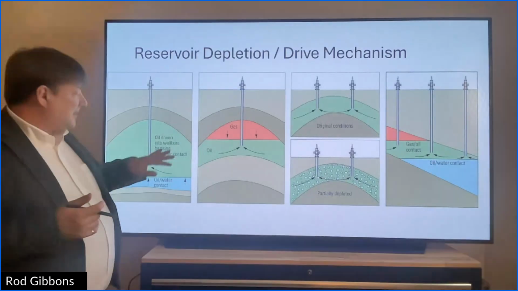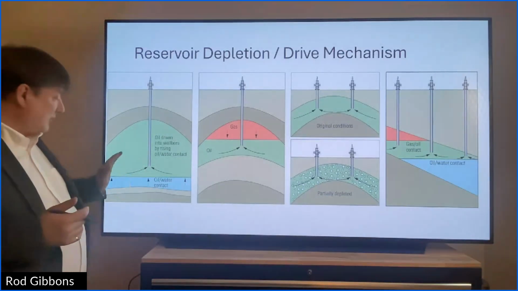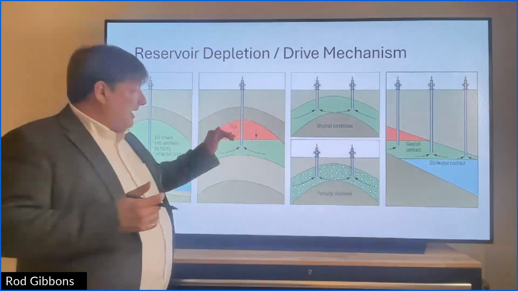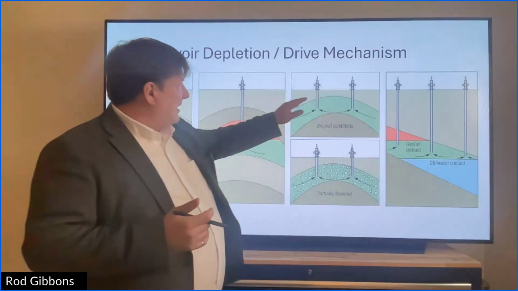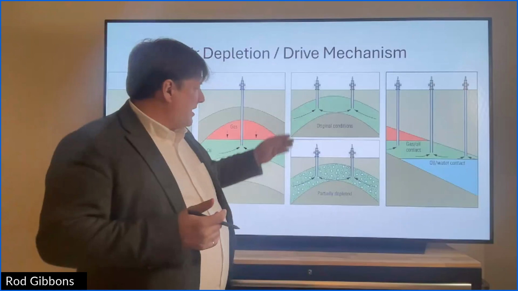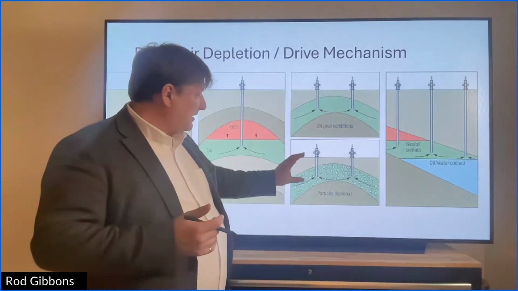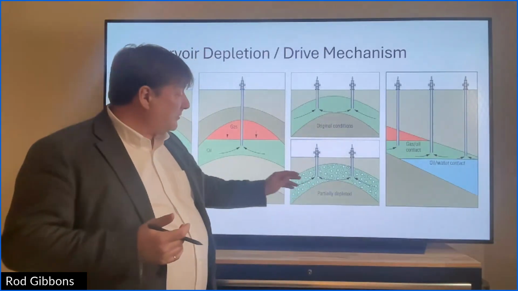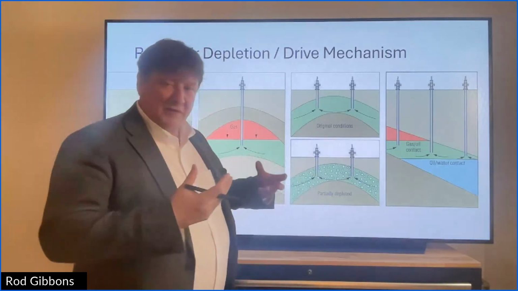Here, a bottom water drive or edge water drive will keep the pressure up. Here, gas pressure expanding will keep some pressure in the system. In this scenario, you have a couple of producers. As you're producing the reservoir, pressure goes down and you get some gas coming out of solution, filling up some of the space.